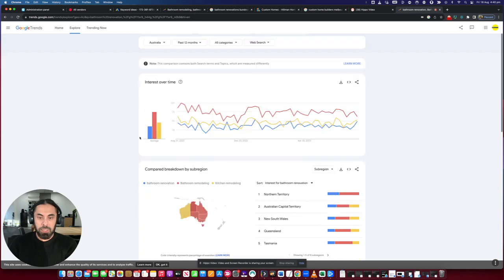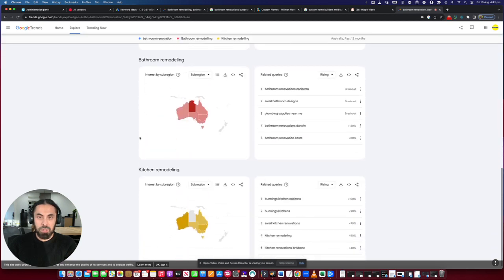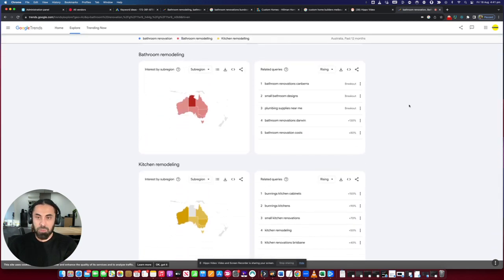So really quickly, you can see from using the Google Trends tool that we can get an idea of the cities, the states, and the keywords, and then Google gives us ideas as well as what's in breakout. What does that mean? Well, if there's a keyword that's been searched a lot, Google considers it a breakout and something for businesses to focus on.